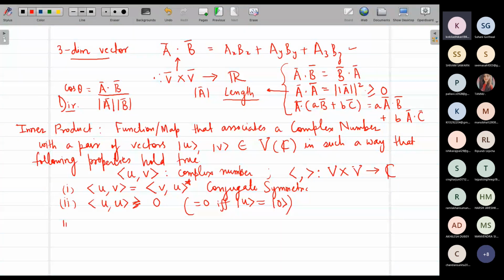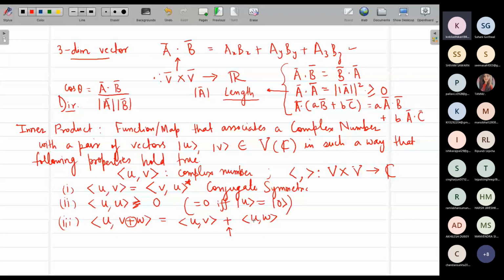And third, u with v plus w. So if the addition of two vectors, and please see now I am writing just a simple plus. Let me just write it, and then please see that here I am talking about addition of two vectors, whereas here I am talking about addition of two, what are these brackets?